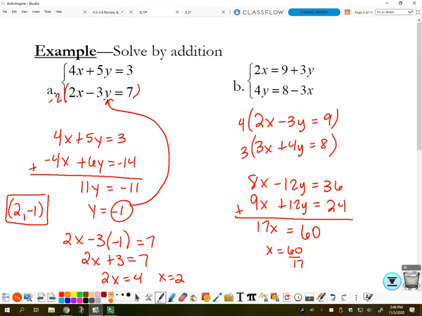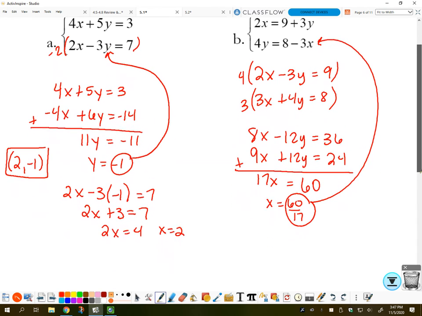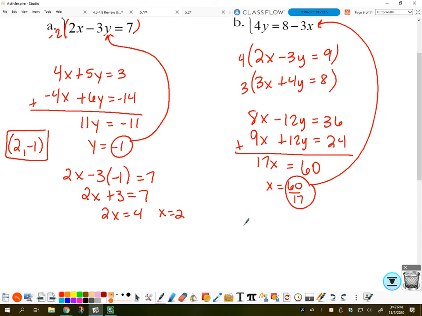Okay, so now that you know your x, you can take that back and plug it into one of your originals. I'm going to plug it in here. So that is 4y equals 8 minus 3 times 60/17. I'm going to type this on my calculator and then do math, enter, and get a fraction.